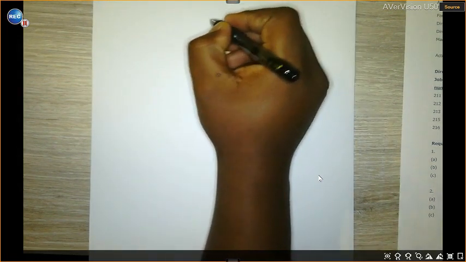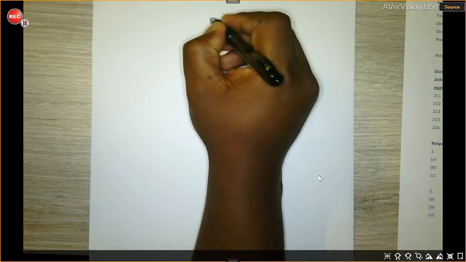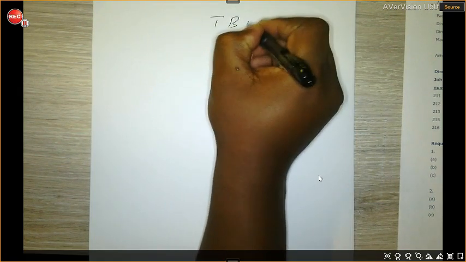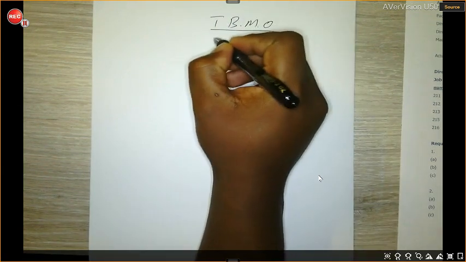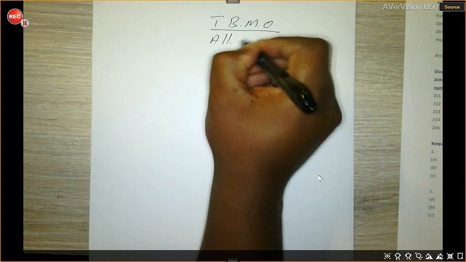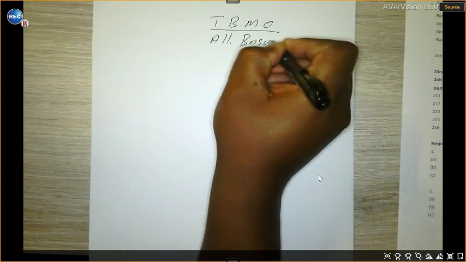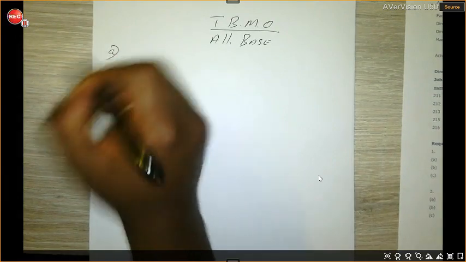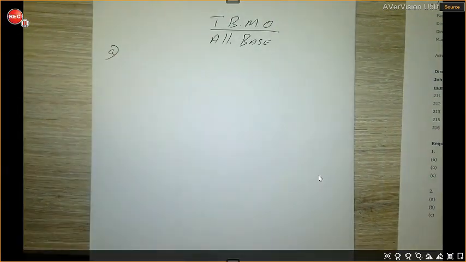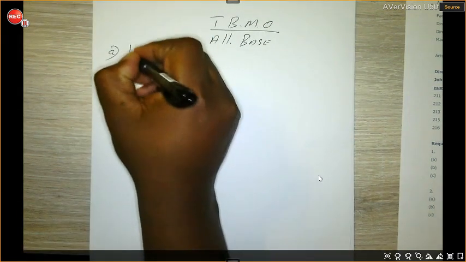Predetermined overhead rate. I'm sure you still remember the formula as it was given in chapter 5, that you have to take your total budgeted manufacturing overheads, I'll just use the abbreviation, and you divide by your allocation base. So this is our formula that we're going to use. Then for A, the question said we must use the direct labor cost.